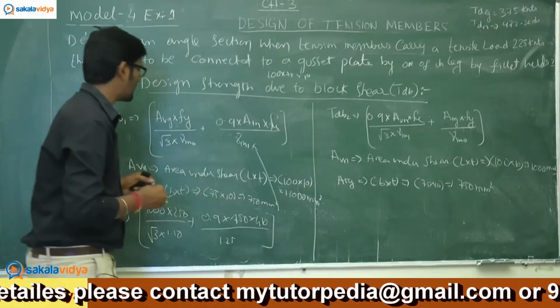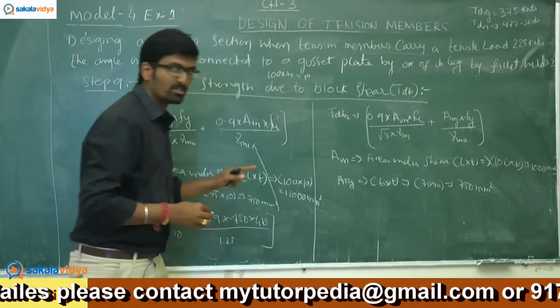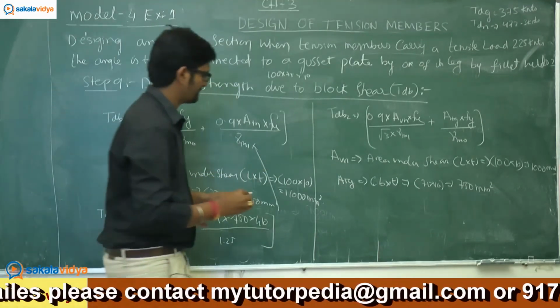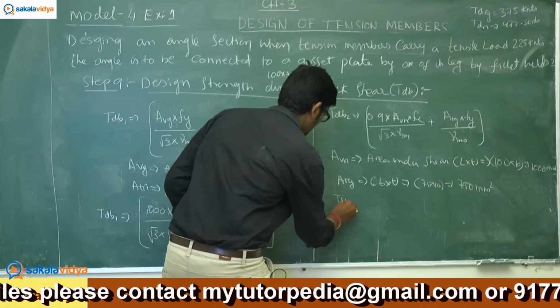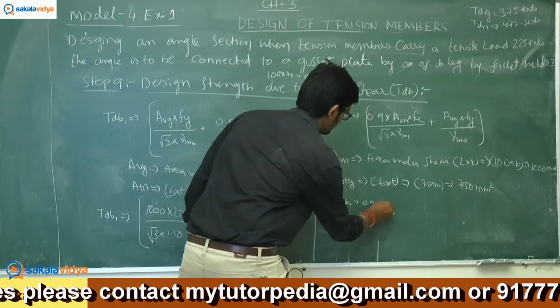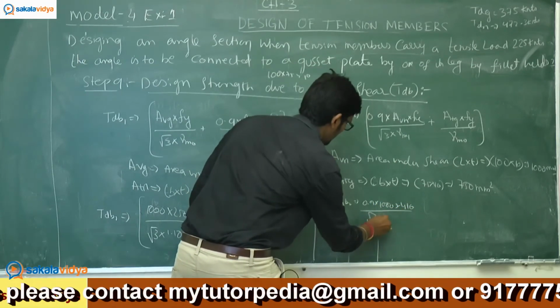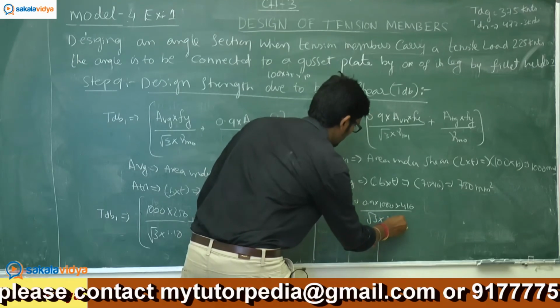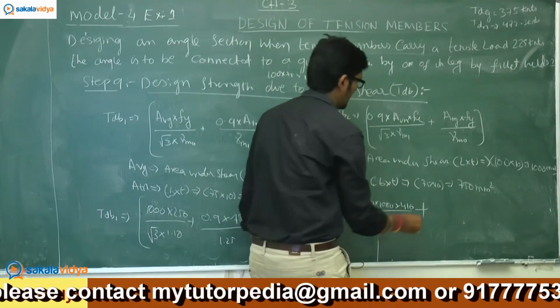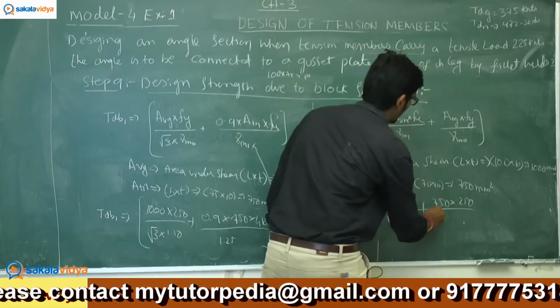But the values of TB1 and TB2 may vary. These answers won't be the same. Please keep that in mind. So TB2 is equal to 0.9 into AVN, that is 1000, Fu 410 divided by root 3 into partial safety factor 1.25 plus ATG 750 into Fy 250 divided by 1.10.